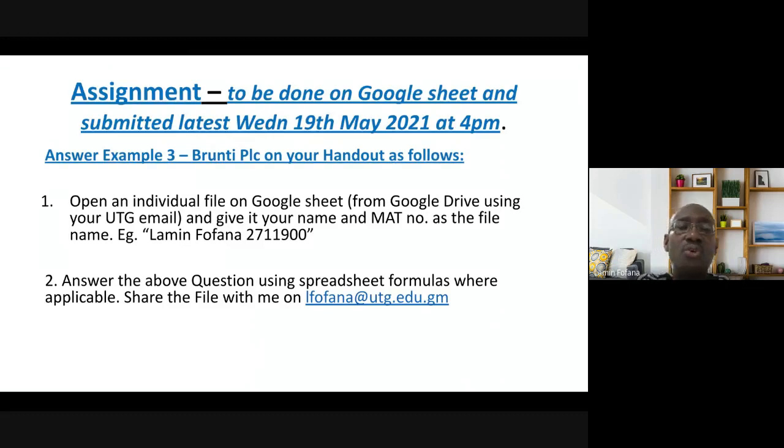When you open a new file, give it your name and your MAT number. That will be your file name. That's very, very important. And inside the file, on top at A1, make sure you type your name and your MAT number.